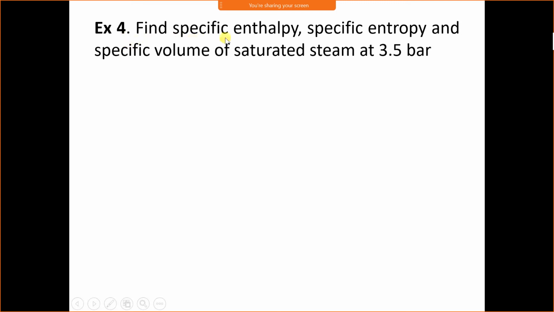Problem number 4, find specific enthalpy, specific entropy and specific volume of saturated steam at 3.5 bar.